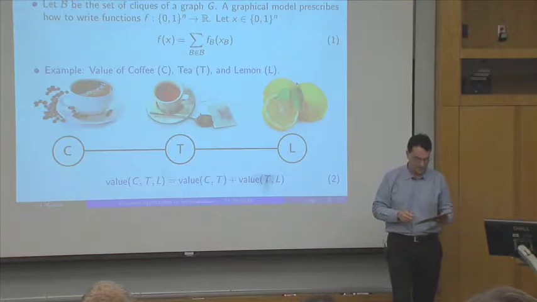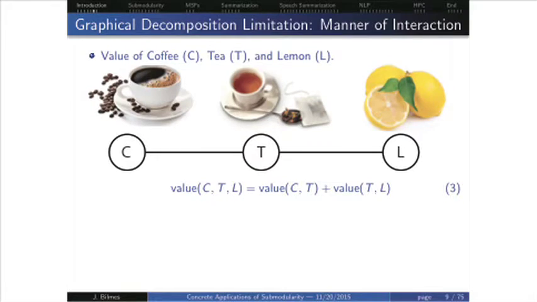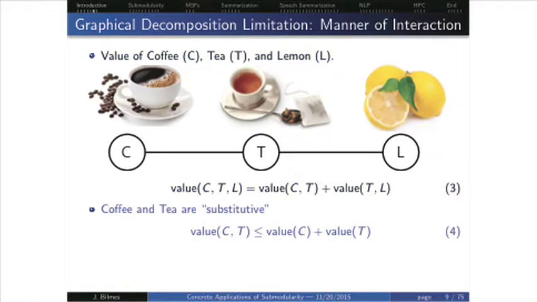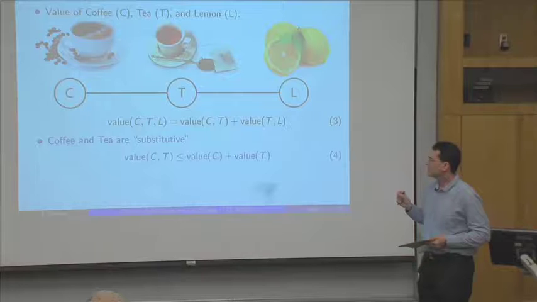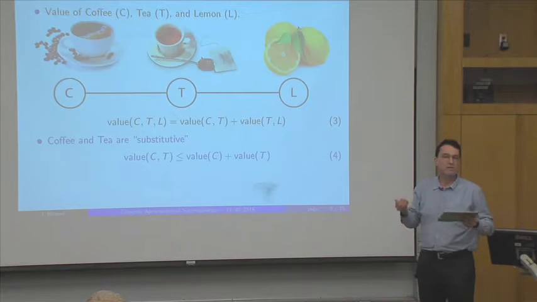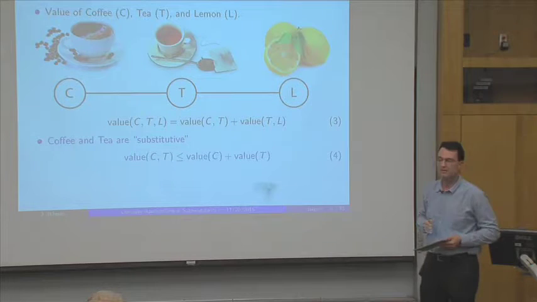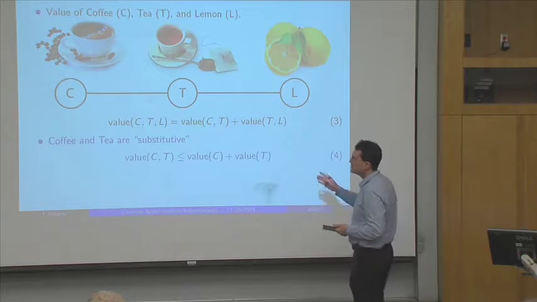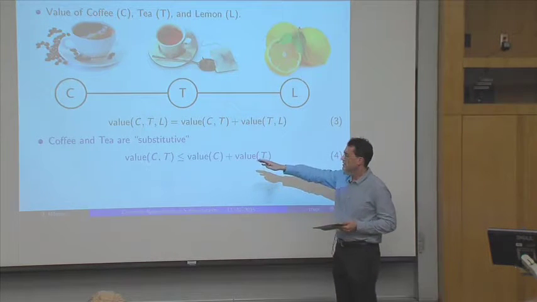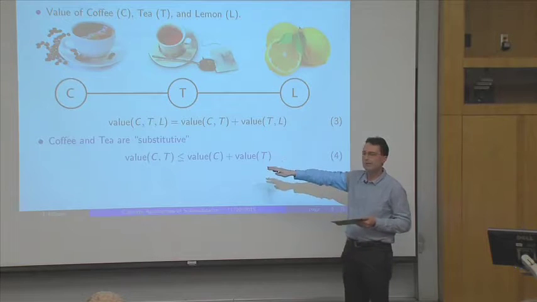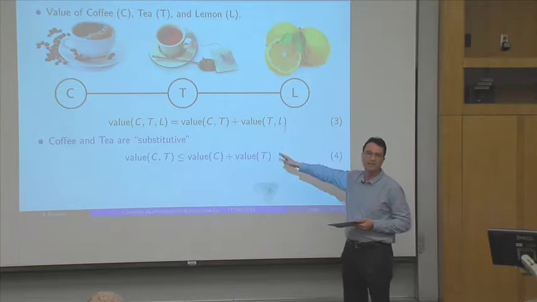So this is what this graphical model allows you to do. Okay. Now, how is this limiting? Here's our graphical model again. Here are three objects, and here's our candidate value function. The problem with graphical models is the following: if you consider, for example, coffee and tea together, the value function is really what could be called substitutive, in the sense that the value of coffee and tea together should be less than the value of coffee plus the value of tea.